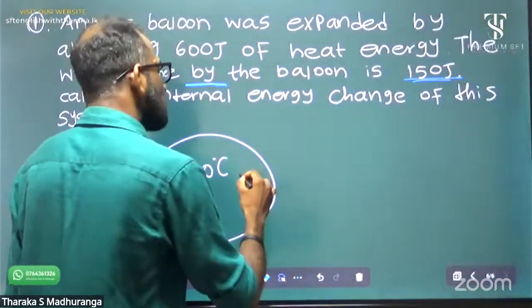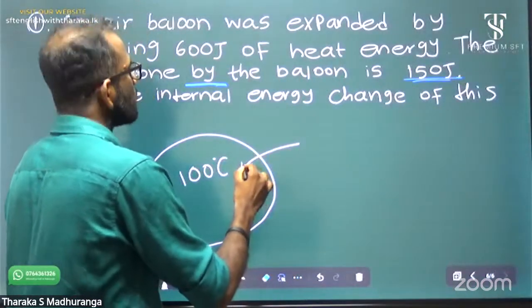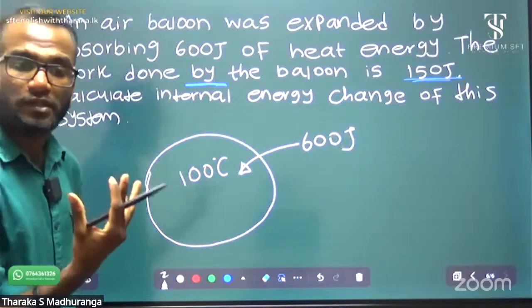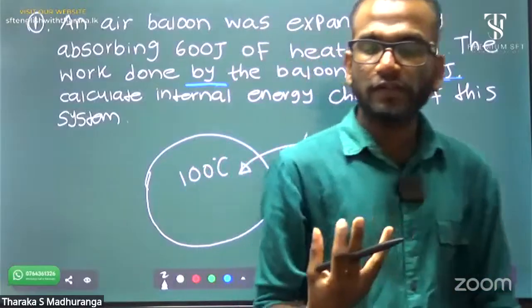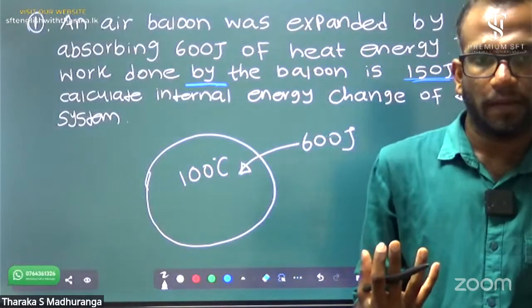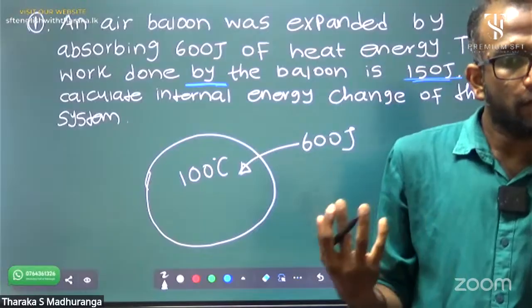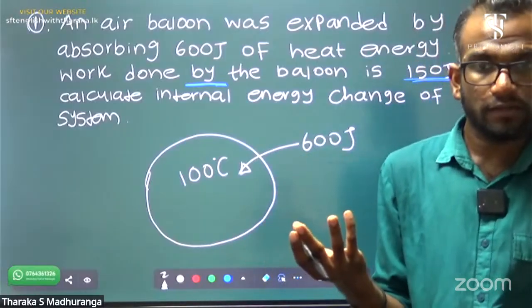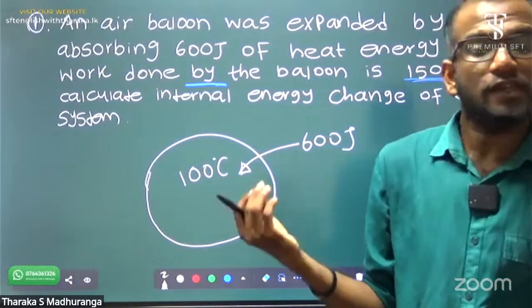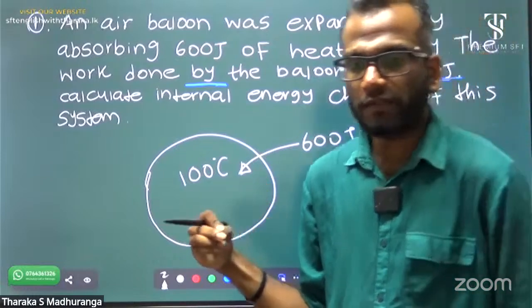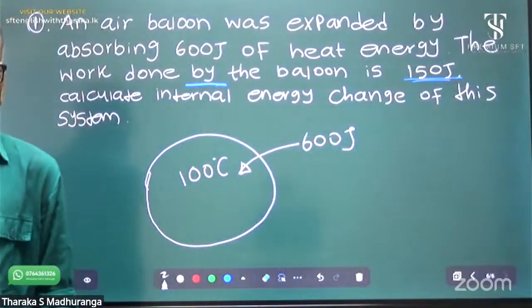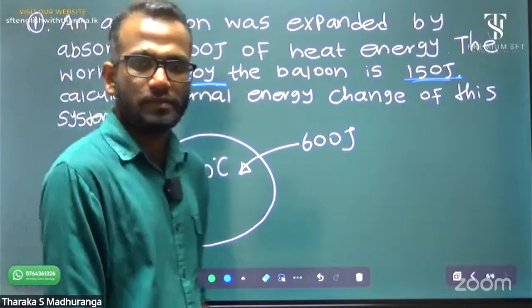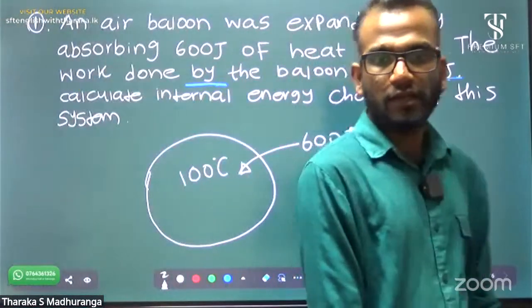If it absorbs 600 joules for expansion, what is the internal energy level now? Initially it is 100, and 600 more is absorbed. Then what is the energy level? Now 700.